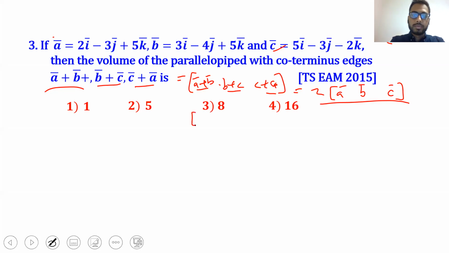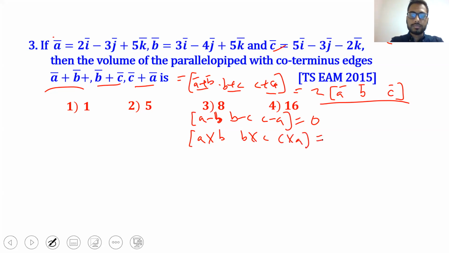We have also seen the formula for A minus B, B minus C, C minus A. The value of this term is directly equal to 0. We have also seen that if there is a cross product, A cross B, B cross C and C cross A, the value of this box product is equal to [A, B, C] the whole square.